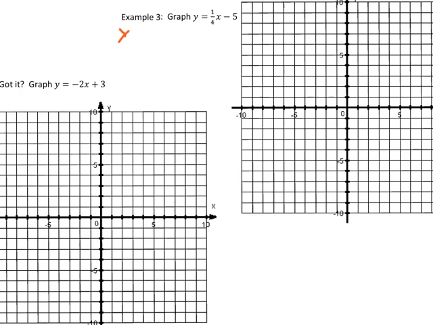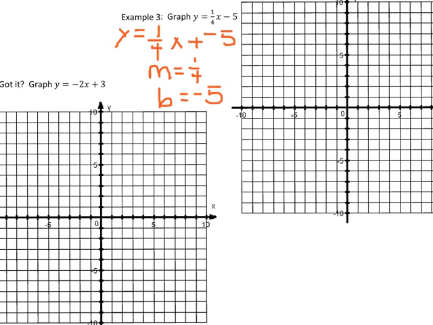My equation is y equals 1/4 x plus -5. So my slope is 1/4. It is the coefficient in front of the x. And my y-intercept is -5.